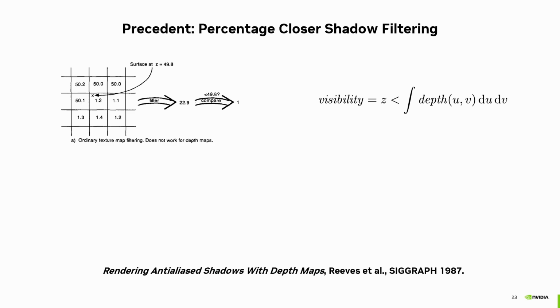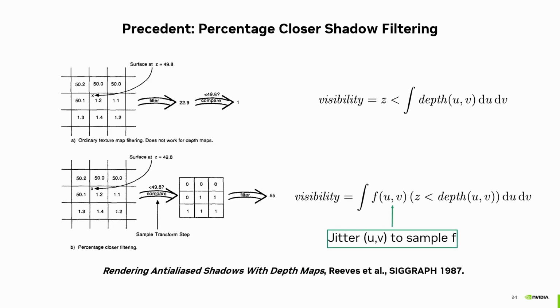They also noticed that for shadow maps you cannot filter depth values, because the filtered average depth is nonsensical, does not correspond to any real depth in the scene, and then if you try to do nonlinear operations like depth comparison, you end up with artifacts and ugly results that are not filtered shadows. Instead, they say, hey, let's apply shading and nonlinearity first. Let's first do the comparison, creating this binary mask, which then can be filtered and averaged, and everything works fine.